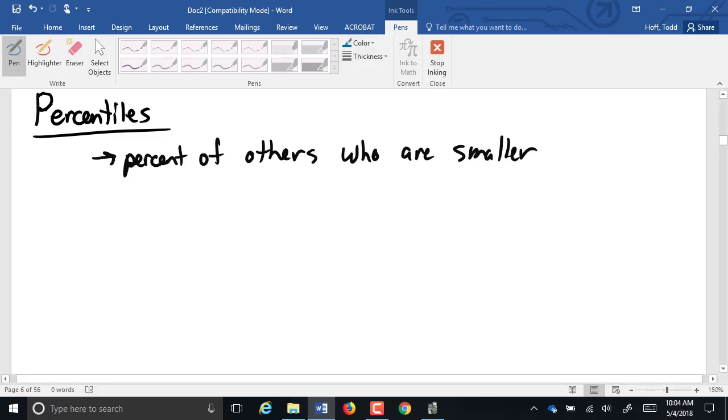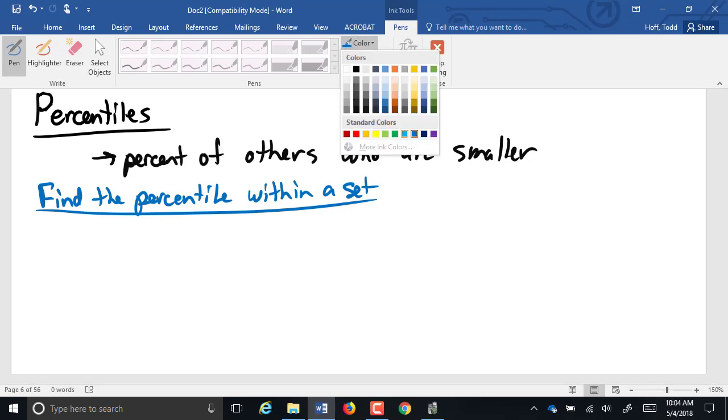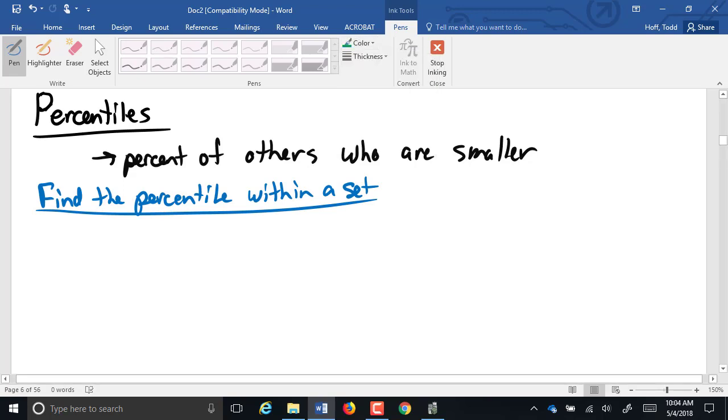If you want to find the percentile within a set, it's very much like our median calculation. First step is you have to put them in order.